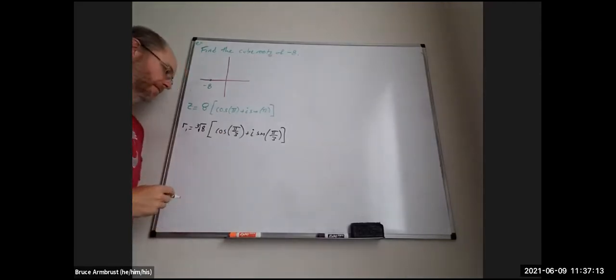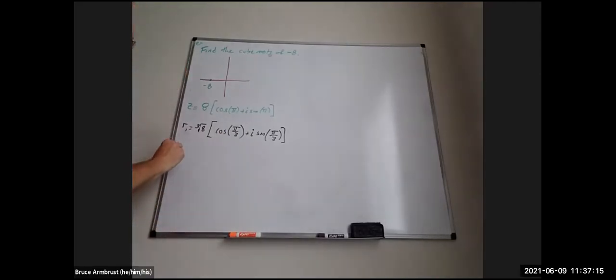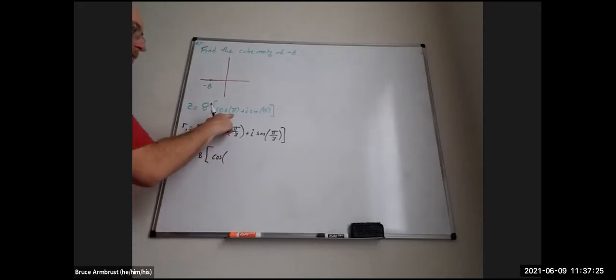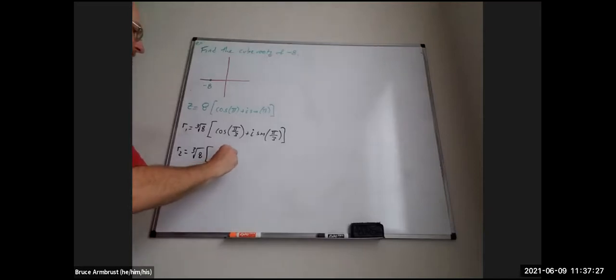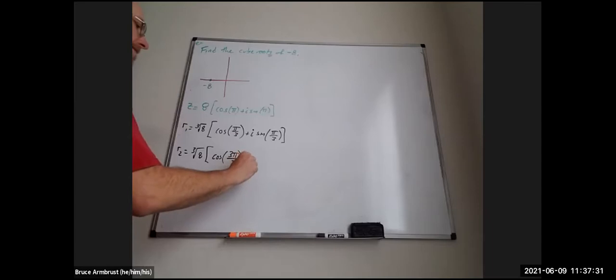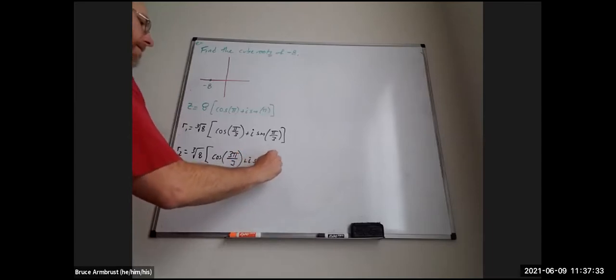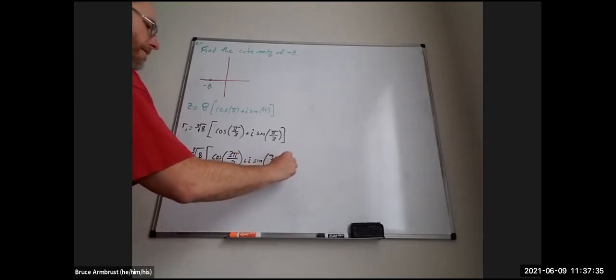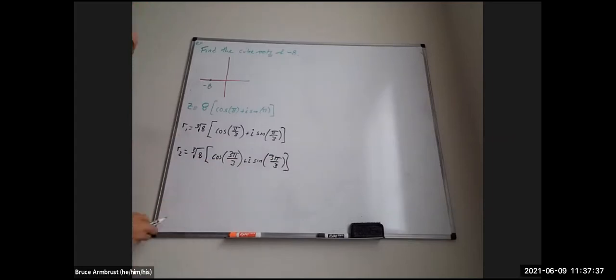So root number 2, it's also going to be the cube root of 8. But now this time we need to add 2 pi to our angle. So pi plus 2 pi is 3 pi, and we'll divide that by 3. All right, so that's going to give us our second root. And then our third root, again, cube root of 8.